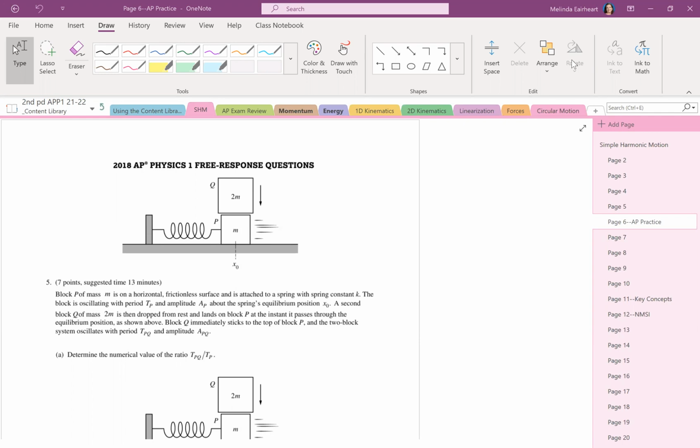All right, so I have been waiting since energy and momentum, so not too long, but I've been waiting to do this question. I almost put it in our packet for momentum, but then I was like, oh, wait, part A is a period question. We got to do simple harmonic motion first.